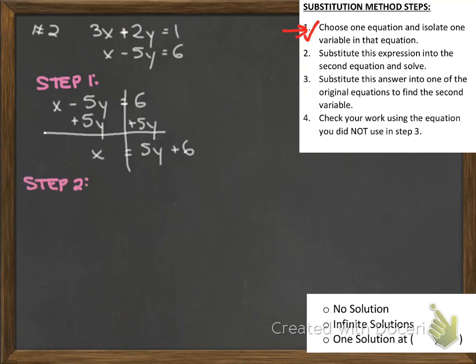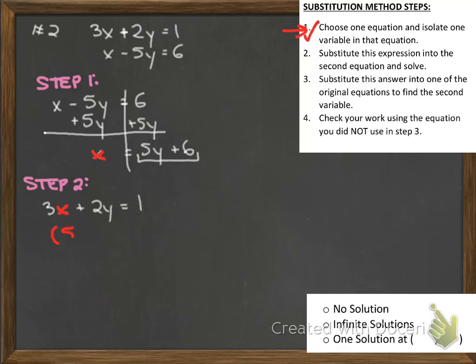Step 2 asks me to take this expression, 5y plus 6, and put it in place of x in the other equation. The other equation is 3x plus 2y equals 1. Wherever I see x, I'm not going to write x anymore.